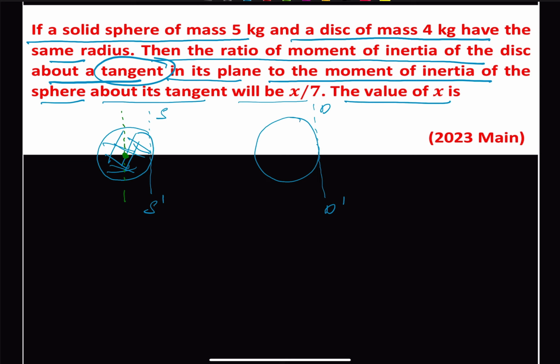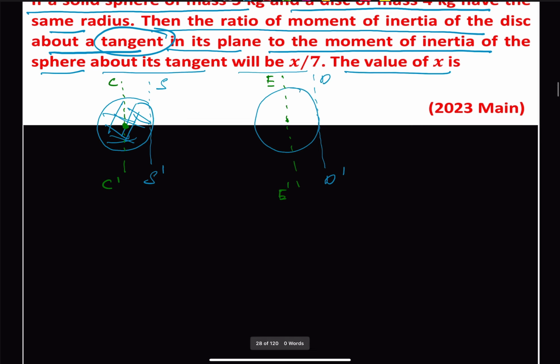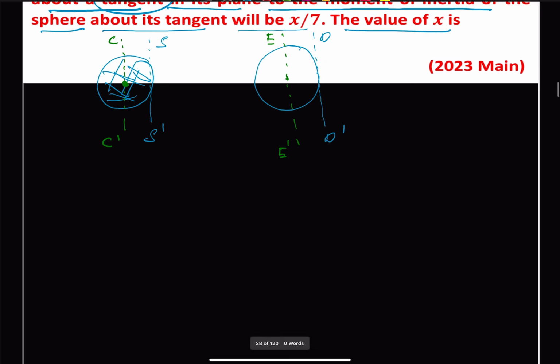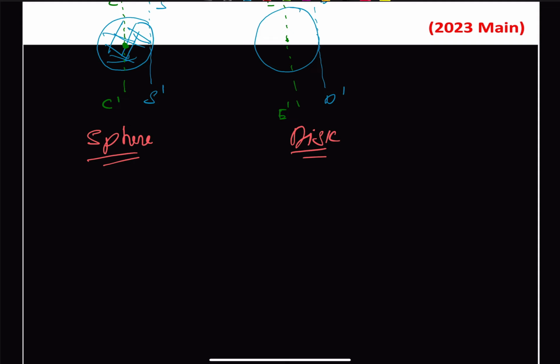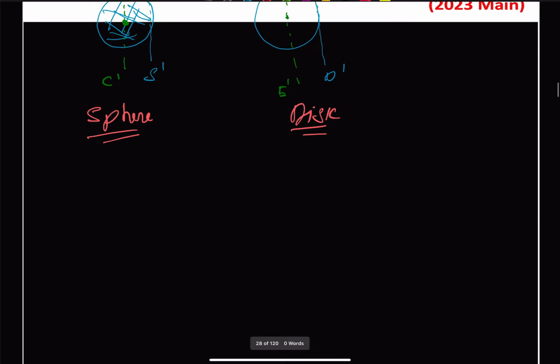So let us call this C prime, and similarly here also let us call this E prime. So this is our sphere and this is our disk.